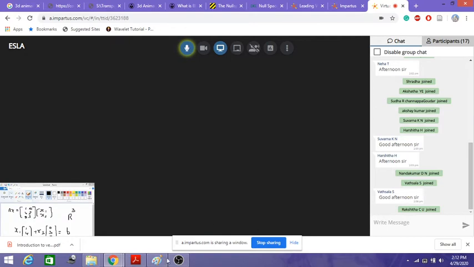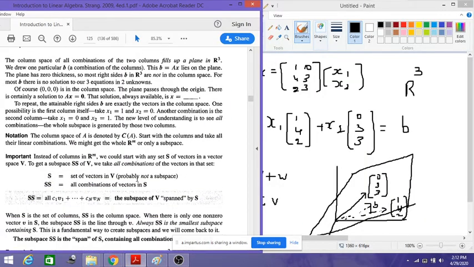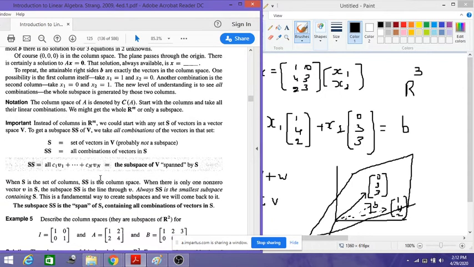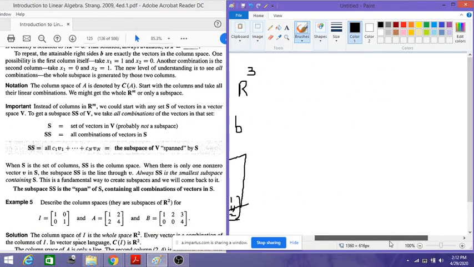So now we'll look into a few other important things here, the different notations of representation. Instead of columns in R power m, we could start with any set S of vectors.